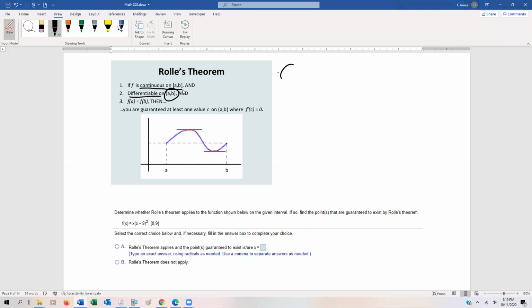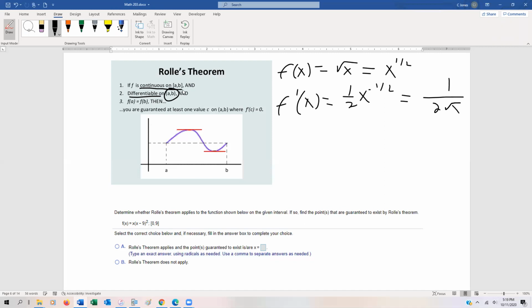And an example, just really quickly. We know that the square root of x, same thing as x to the 1/2, has a derivative of 1/2 x to the minus 1/2, or another way to write that is 1/(2 root x). We know that this function is not differentiable at x equals 0 because we can't divide by 0.